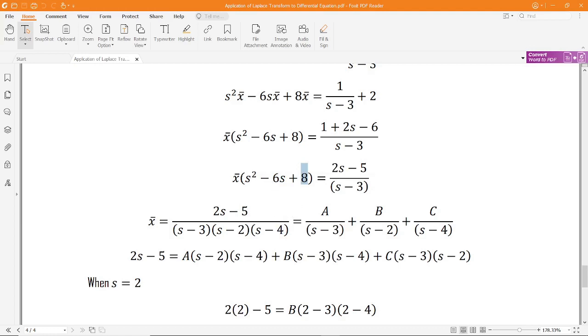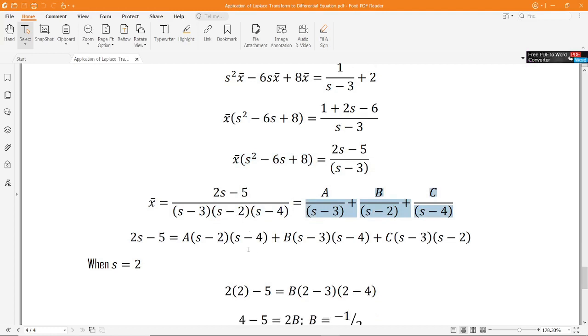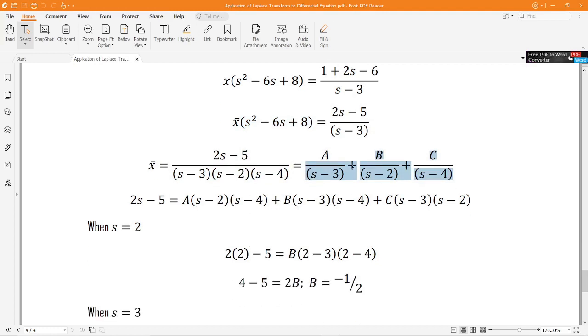So the factor of this is this, and from there we can use the partial fraction A, B, and C to take each of the denominators like has been done here. So when we cross multiply, A will have these two denominators, B will have s minus 3 and s minus 4, and C will have s minus 2 and s minus 3, which is what has been done here for the partial fraction.